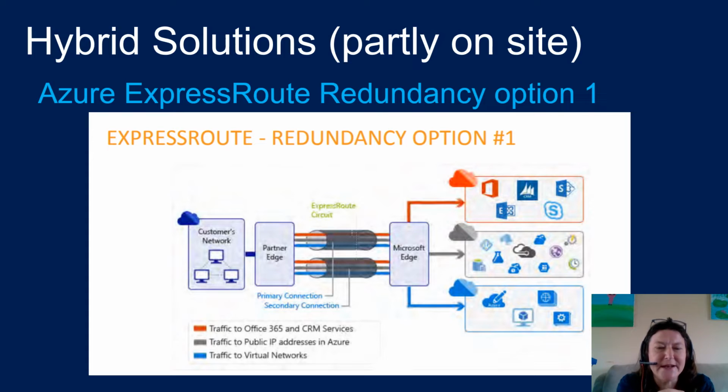Pretty similar in a way, but you basically have two ExpressRoute circuits from the partner edge to Microsoft Edge. Now this could be like AT&T having two separate ExpressRoute circuits, or it could actually be two separate partners, like in the previous slide where you had AT&T and Comcast, for example, both having an ExpressRoute circuit. So very similar.